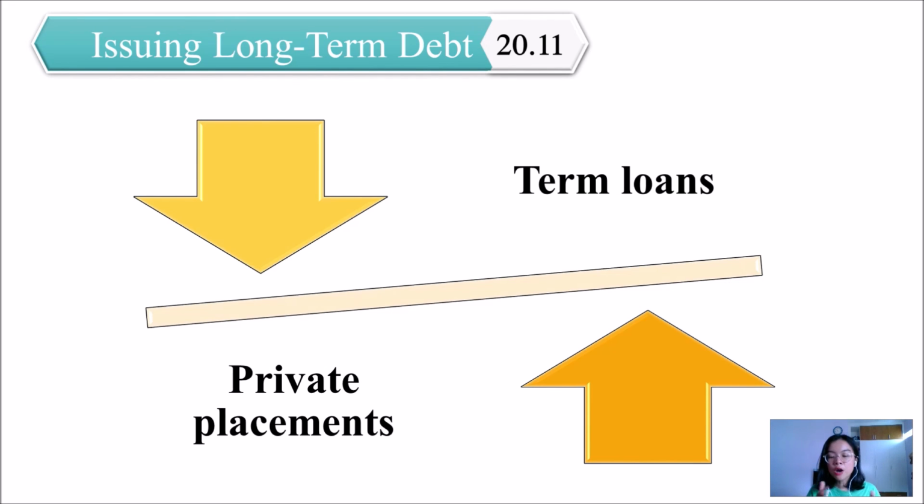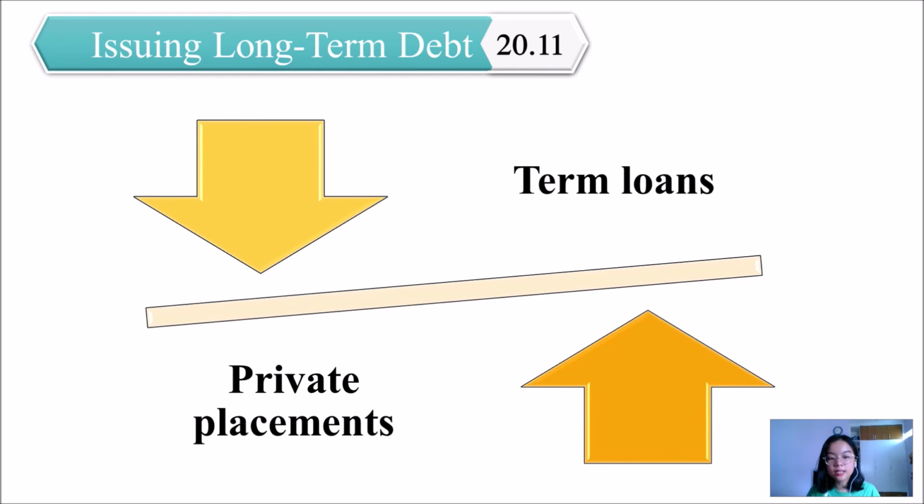This part will bring us to the end of my presentation. It's about long-term debt. There are two basic forms of direct private long-term financing. The first one is term loans. They are direct business loans, have maturity between 1 and 5 years, and are payable during the life of the loan.